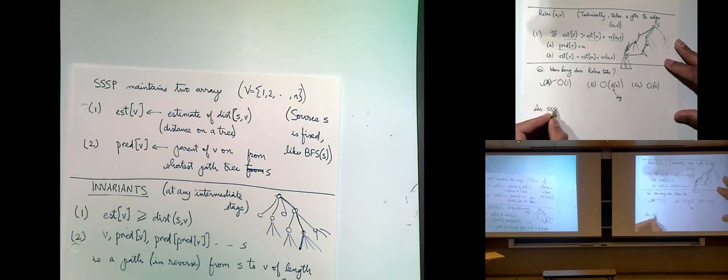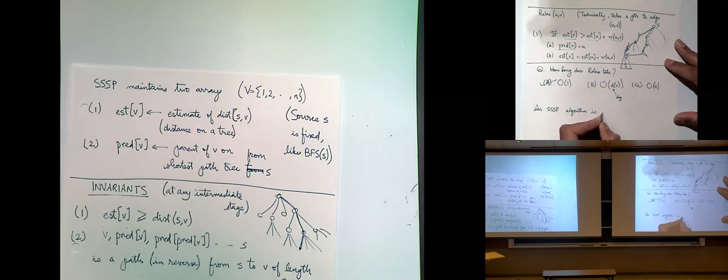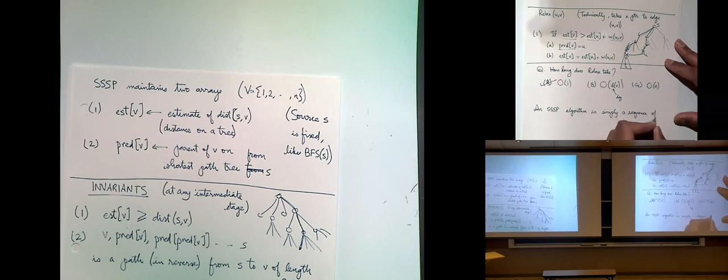a single source shortest path, or SSSP, algorithm is simply a sequence of relax operations. That's it. It's just going to be a sequence of these operations.